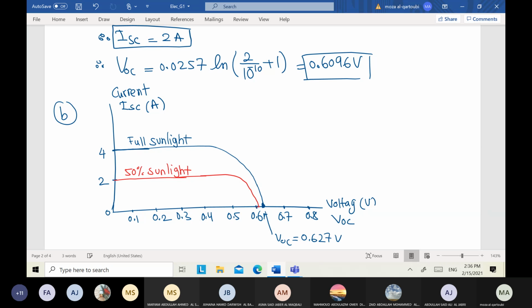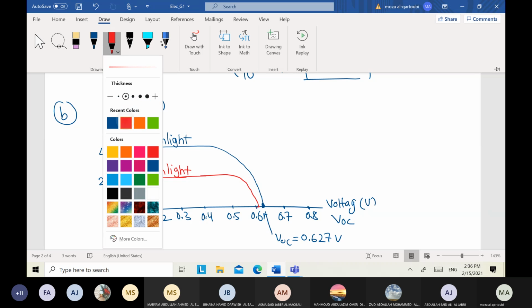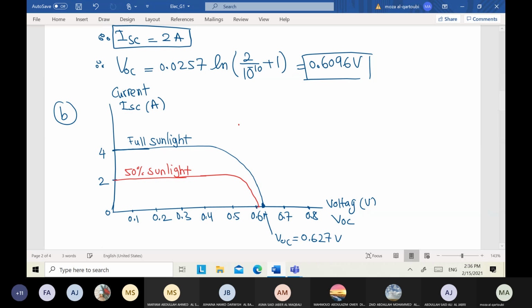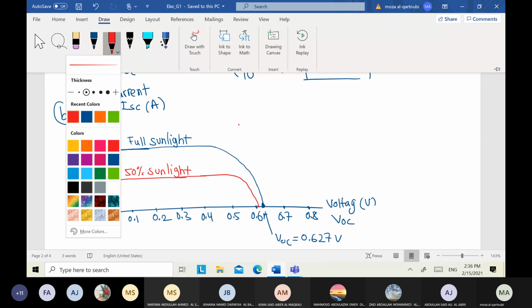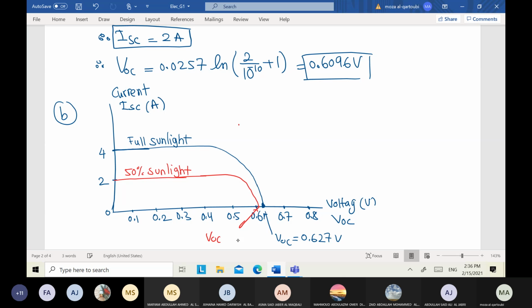Clear? This is V open circuit now for the second case, equal 0.6096 volt.